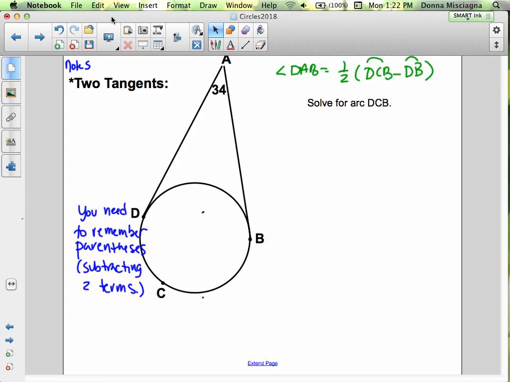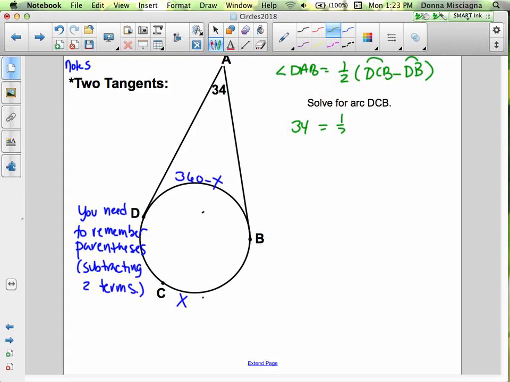If you're looking for the large arc, label that one X. That means that this one is going to be 360 minus X, because together they equal the entire circle. So that means that angle DAB is labeled as 34 degrees equals 1/2 arc DCB, which is X, minus arc DB.